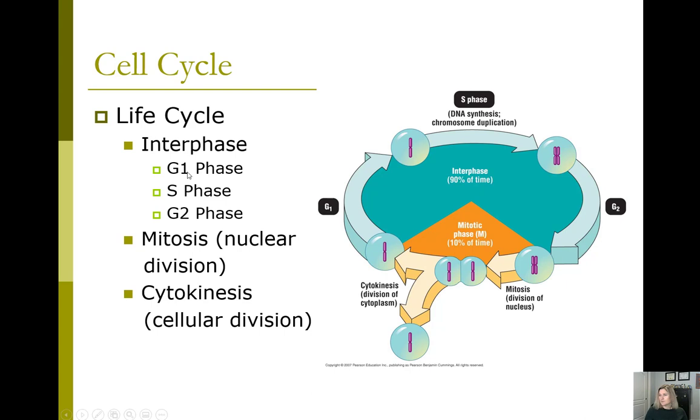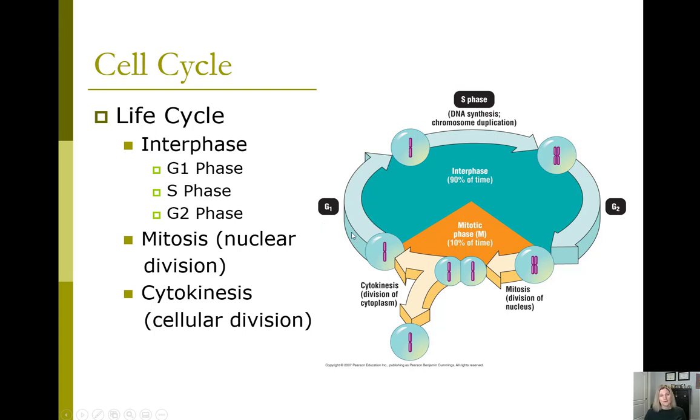And so we'll go into a little bit more detail of what these stages mean. But for now, whenever you see the G stages, think growth. Okay, it actually stands for gap, but I like to think of them as the growth phases because this is where the cell is just basically growing.